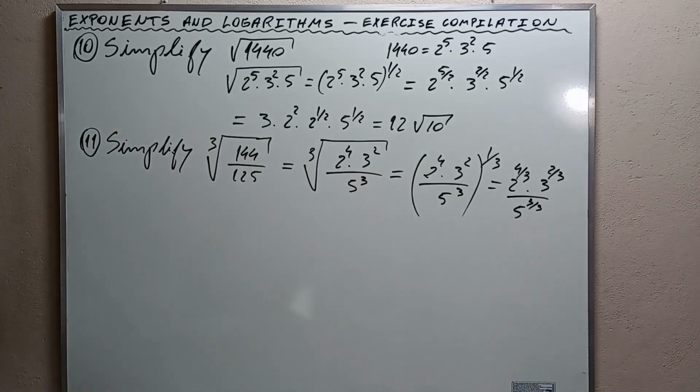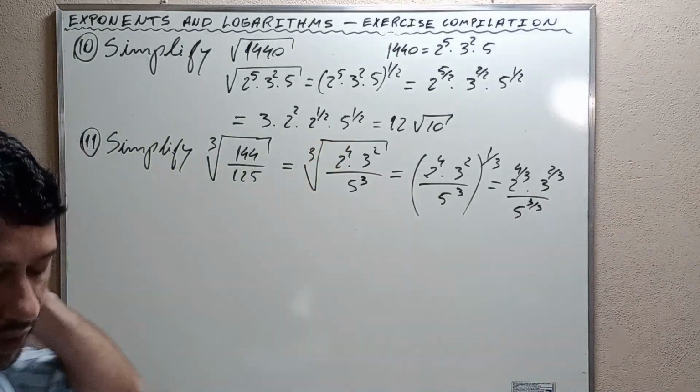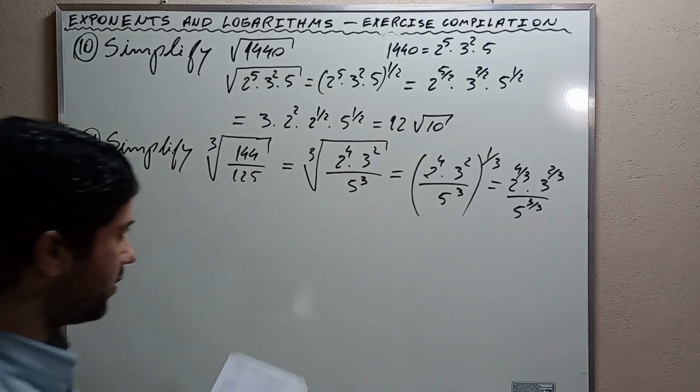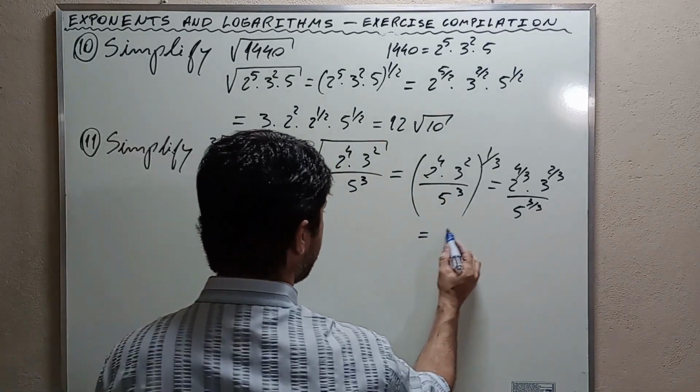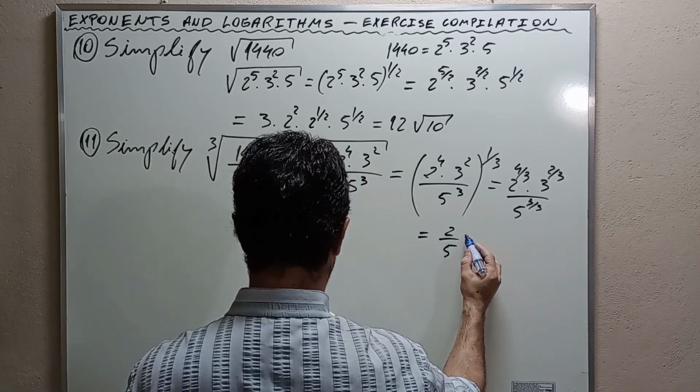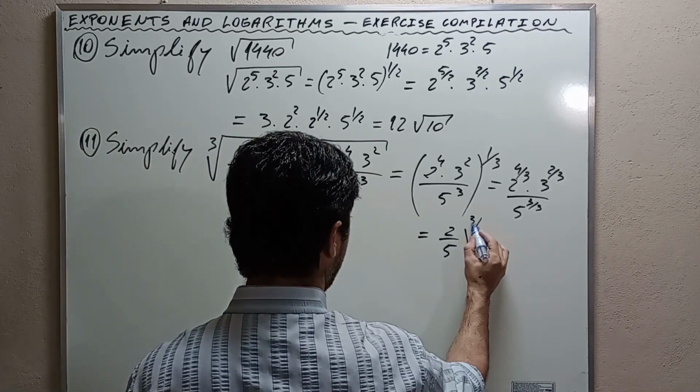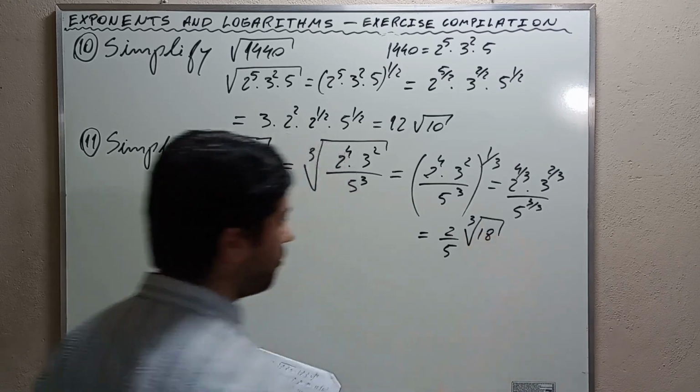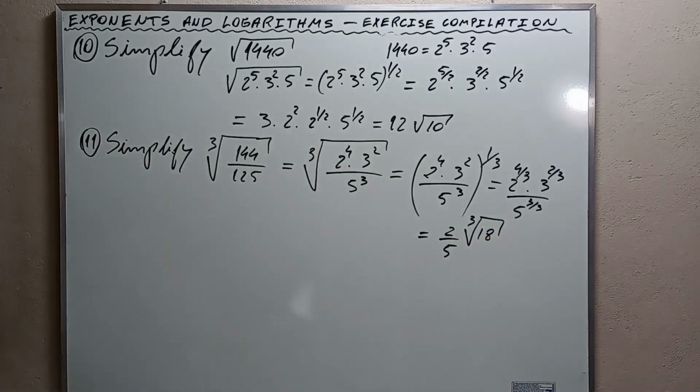And ultimately, if we follow the same procedure as we did here, we're going to find that it is 2 fifths times the cube root of 18. Okay, this is the solution of this exercise.